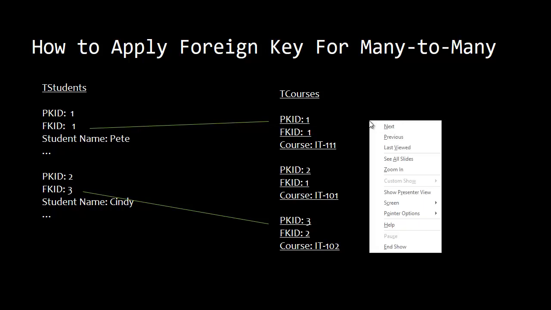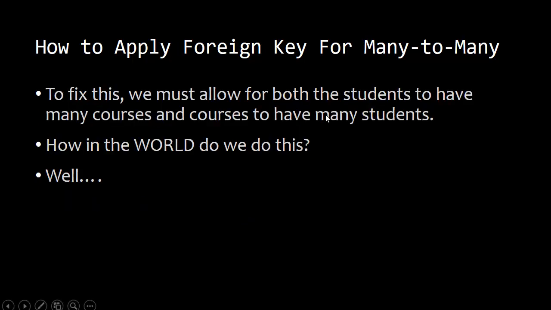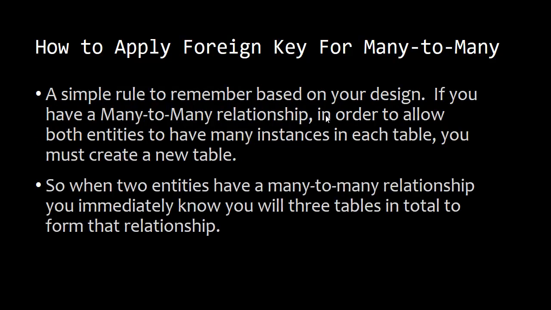So what do we need to do? We need to make sure that we allow for both the students to have many courses and courses to have many students. We've got to come up with a fix for that. How in the world do we do this? Well, it's not that hard. There's a hard and fast rule that I want you to remember, and it's based on your design.